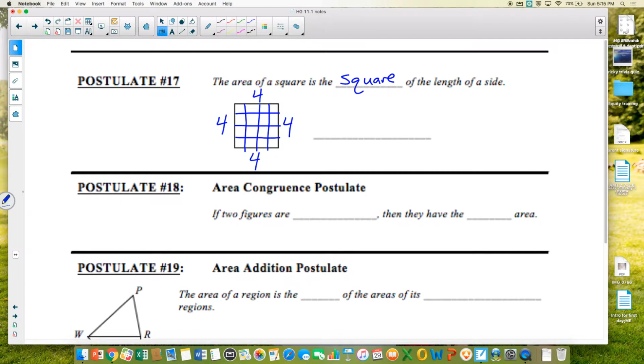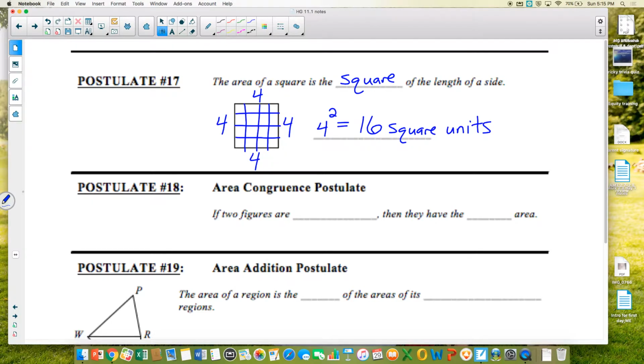So if all four sides are four little squares long, to find the area of this, we would take 4 and we would square it. 4 squared is 16 square units. And if you count all those little boxes up, there are 16 of them.